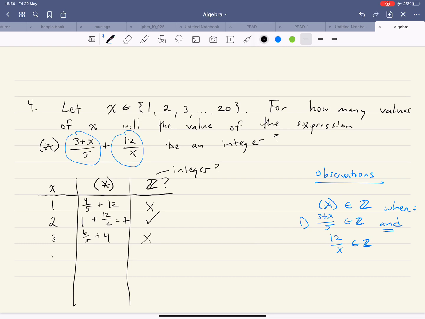If x is 4, this is going to be 7/5 plus 3. So that doesn't work out for us.